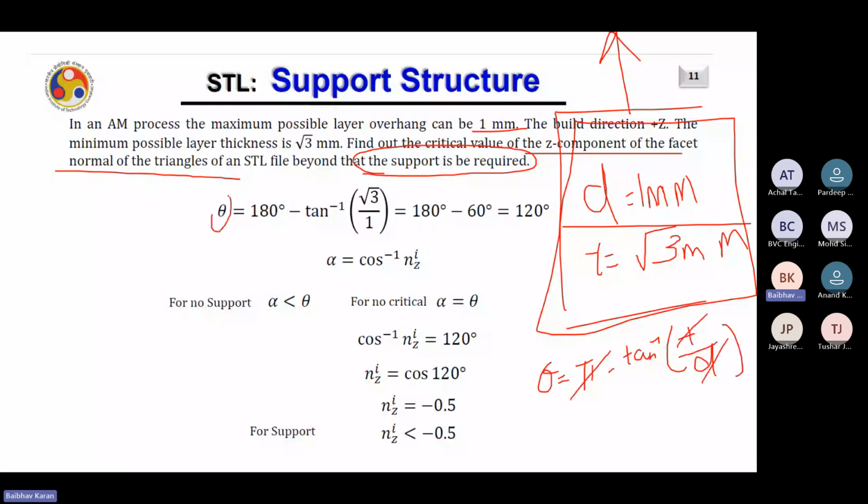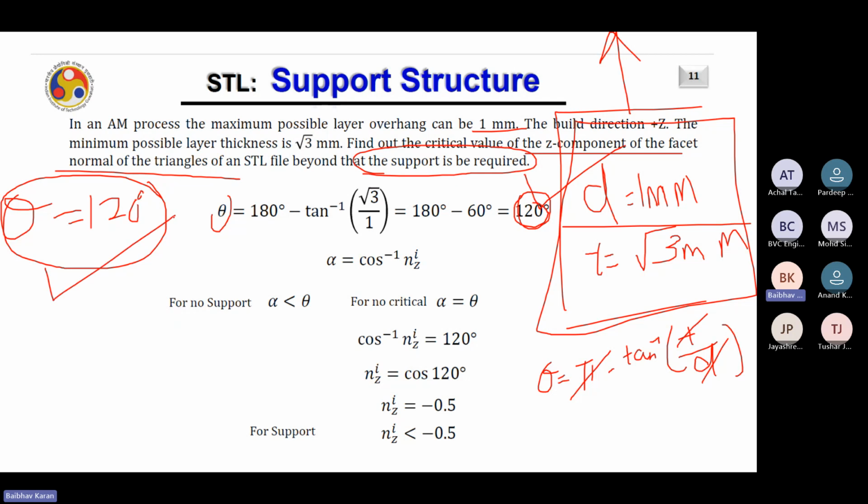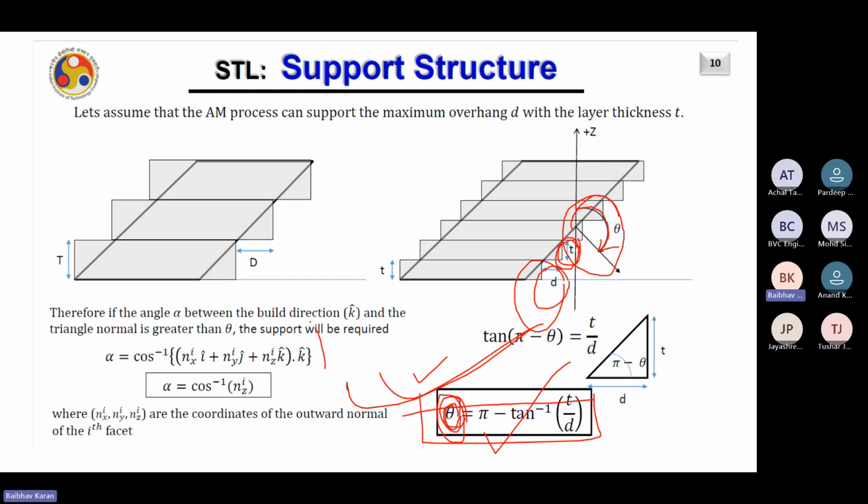This will give you theta equals 120 degrees. So to create this printing, the theta value is 120 degrees. How will you know whether this 120 degrees is above or below the critical value? From this formula.